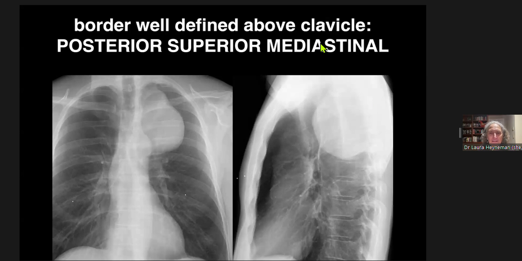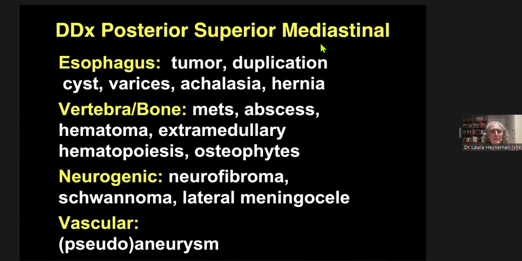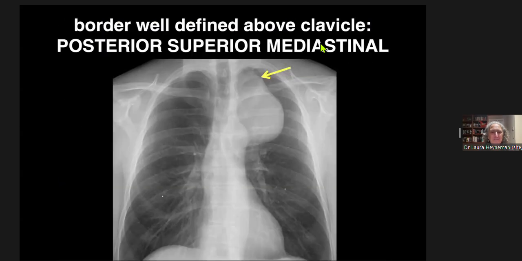So this being a posterior mediastinal mass, confirm that on the lateral view. I thought I said this somewhere. I should have. If I didn't, I thought I did. This is referred to as the cervicothoracic sign that somebody asked about. So the cervicothoracic sign helps localize things to the posterior or middle mediastinum.